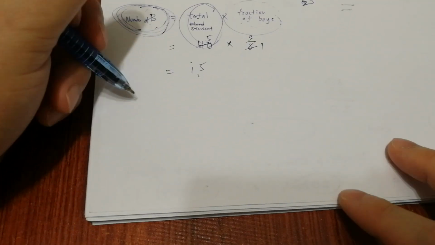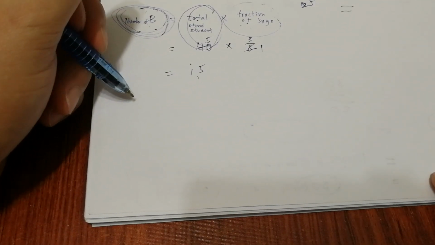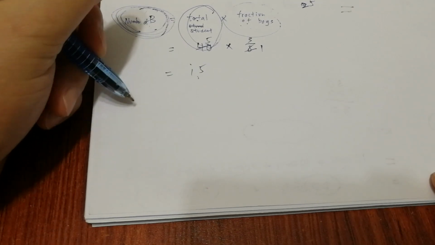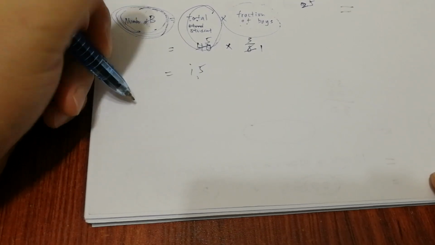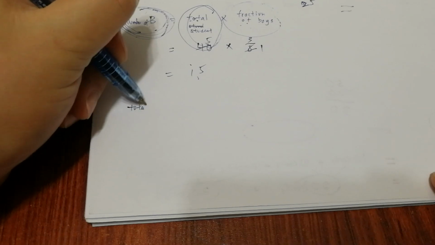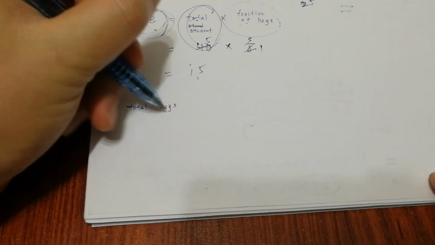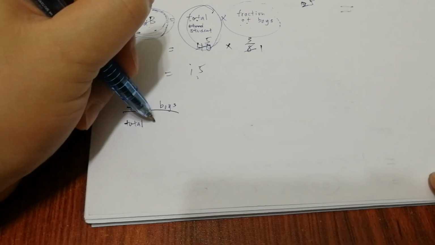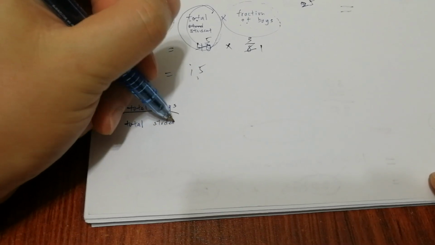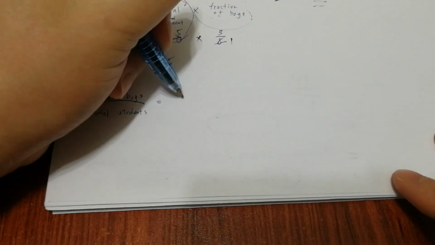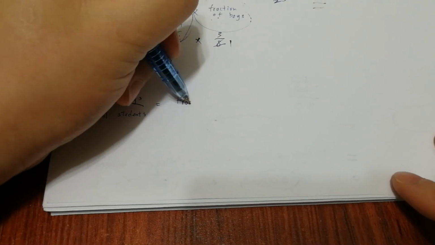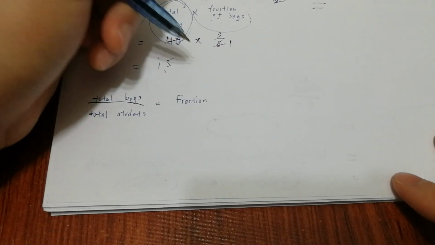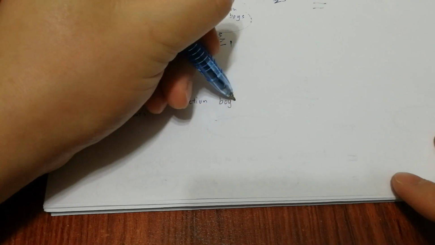Now, why did I teach you to compare? When I say compare, I write total boys over total students equals the fraction of boys.